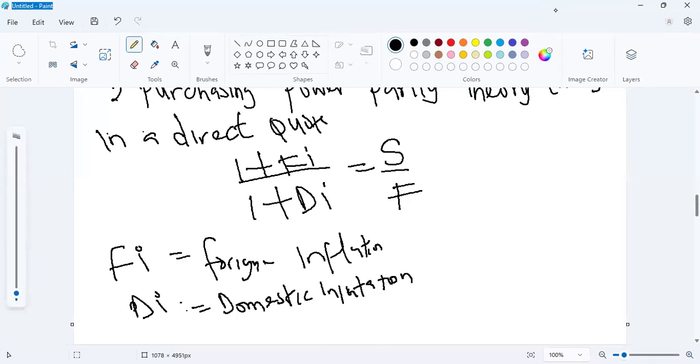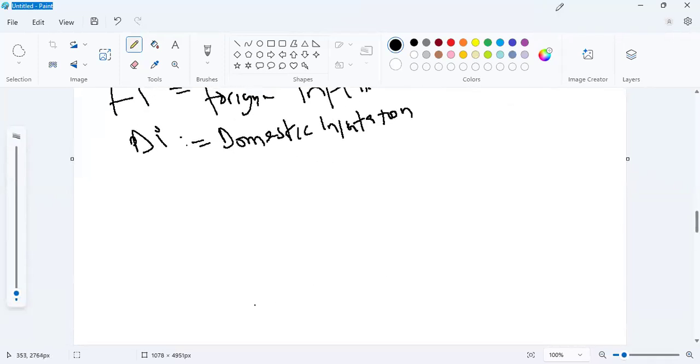Your X is the spot rate. F is the forward rate.